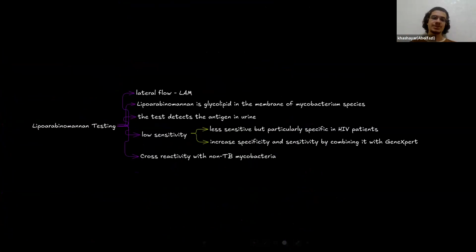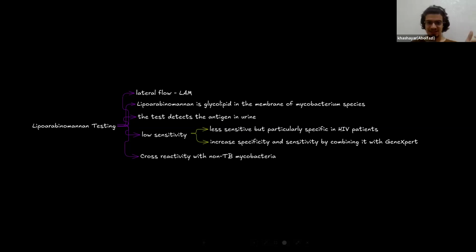Finally, a test I want to mention that is extremely important in HIV patients, and the test that was used for our final diagnosis in the case that I mentioned at first, is the lipoarabinomannan testing, also known as lateral flow LAM. It tests for a glycolipid in the membrane of Mycobacterium species that is detected in the urine.